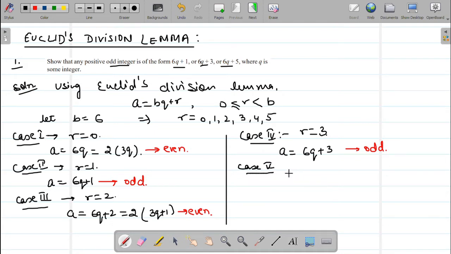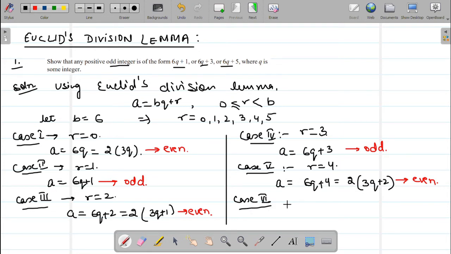Case 5, we have r is equal to 4. So a is equal to 6q plus 4. I can take 2 common, so this will be 2 into 3q plus 2, and it's an even number. Then case 6, the last one. Last possible value of r is 5.